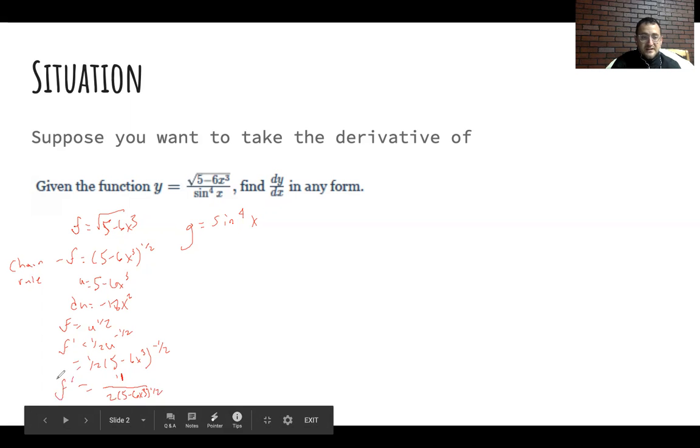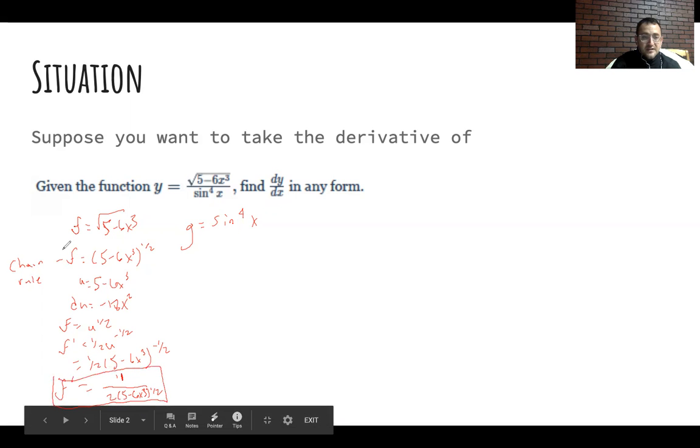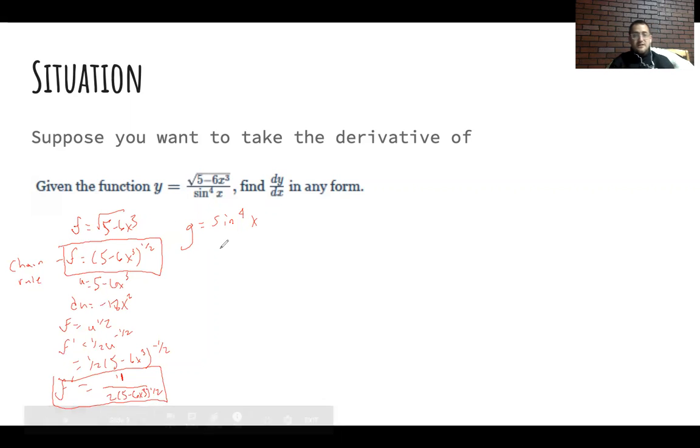I'm just going to box key results. I got my f. That's really easy and obvious. My f prime took a lot of work. And for my g, I do the same thing. So my g, I'm actually going to rewrite this as sine x to the 4th. You can do that with trig. Obviously, in this case, my u is sine x. So my du would be cosine of x.